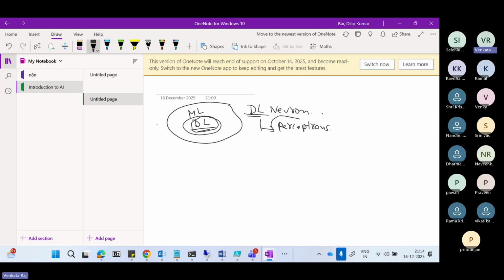A perceptron is just a mimic of the neurons. A neuron is a biological part in our brain. A perceptron is a mathematical function which will understand step function and other functions. Based on that, complete deep learning algorithms have been developed. So we can say the basic unit of deep learning is the perceptron.